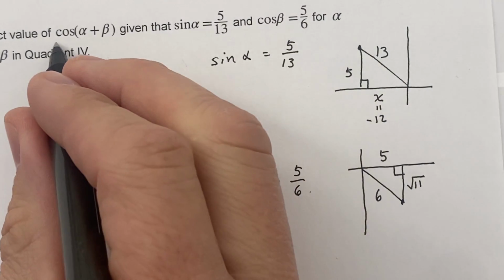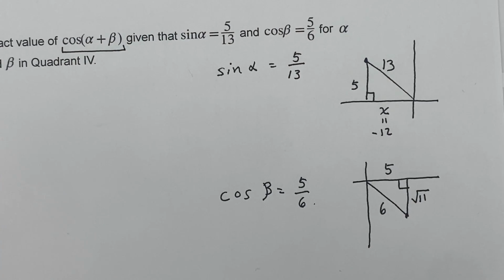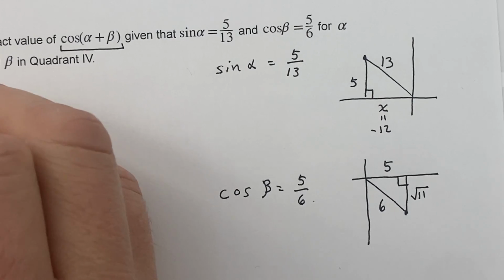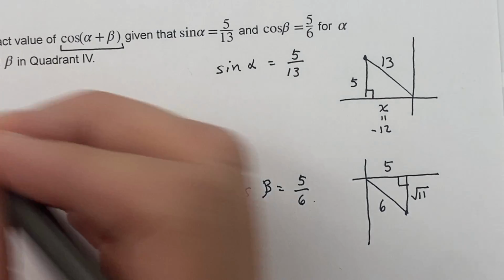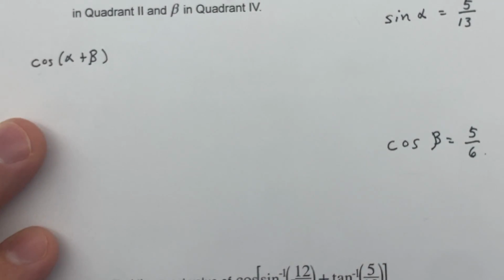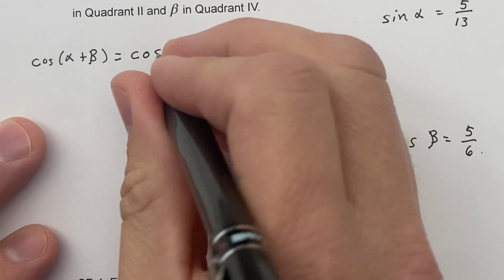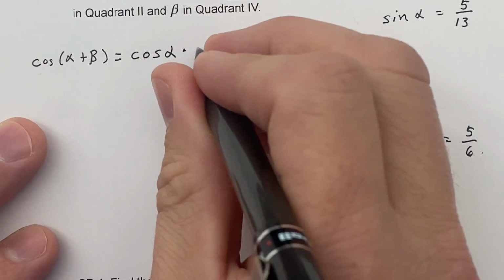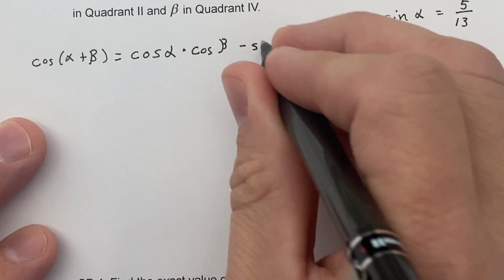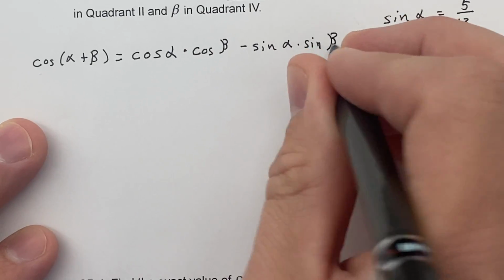It says to find the exact value of cosine of alpha plus beta. So that's our formula we're going to go to. Cosine of alpha plus beta is equal to cosine of alpha times cosine of beta minus the sine of alpha sine of beta.